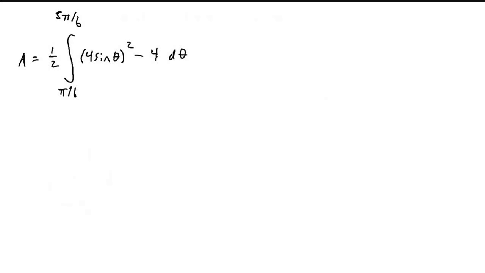So to simplify, I'm just going to go ahead and FOIL, or just square 4 sine of theta. So we're going to get 16 sine squared of theta minus 4. And so that is going to be our integral. And remember, when we integrate something like sine squared or cosine squared, we can use the half angle formula.